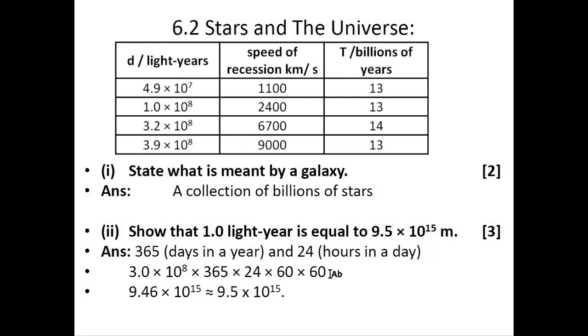So now we are basically multiplying the speed of light per second with the number of seconds available.